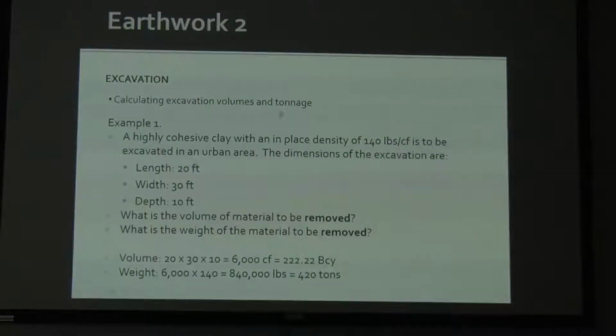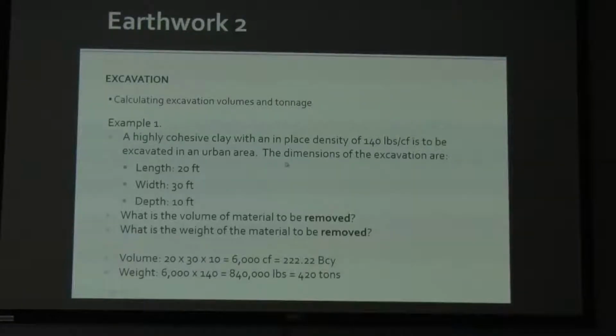Calculating excavation volumes and tonnage. First example we'll use is we have a highly cohesive clay with an in-place density of 140 pounds per cubic foot. It's to be excavated in an urban area. The dimensions of the excavation are length 20 feet, width 30 feet, depth 10 feet.